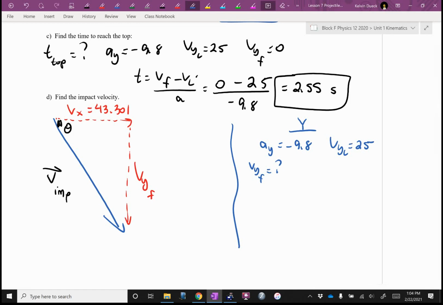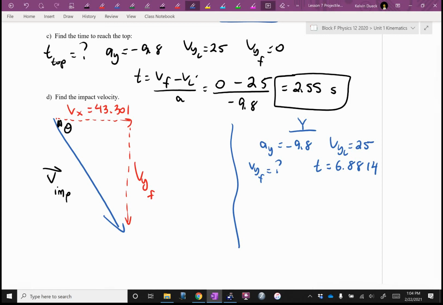I need three. Which time? The total time of flight, which was 6 something. I'll write 6.88, but I'll carry whatever. What were the extra sig figs? 6.8814? So I don't have this on my answer button anymore, so I better write it up.